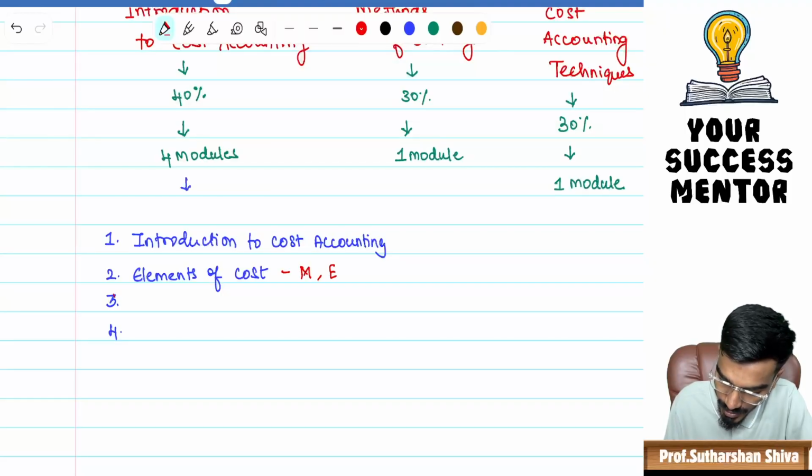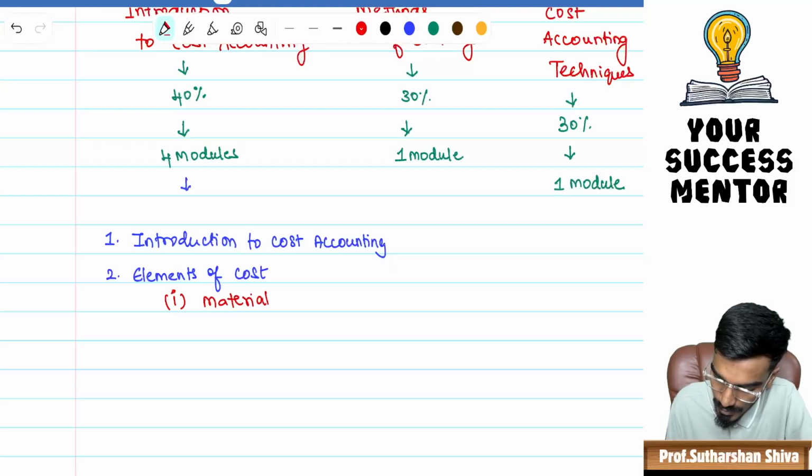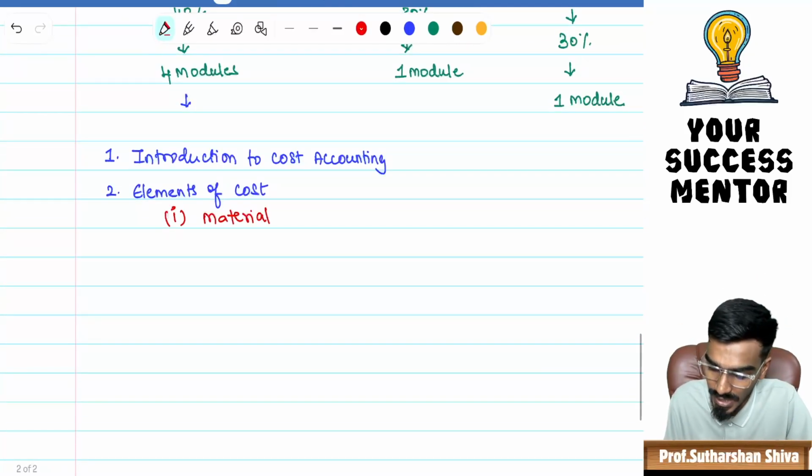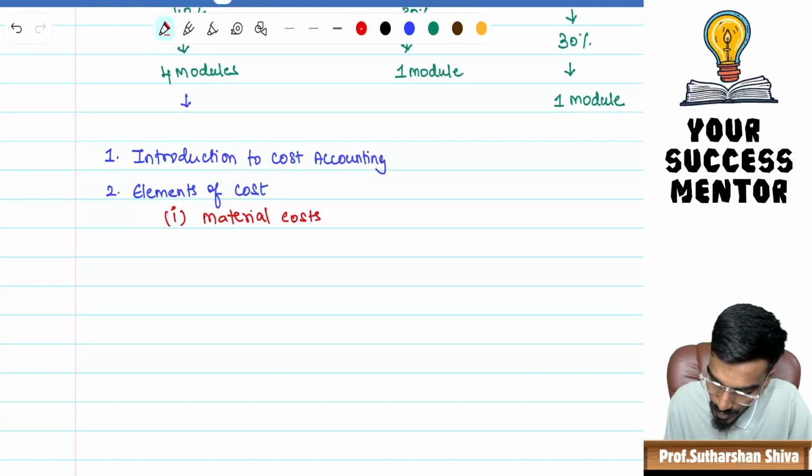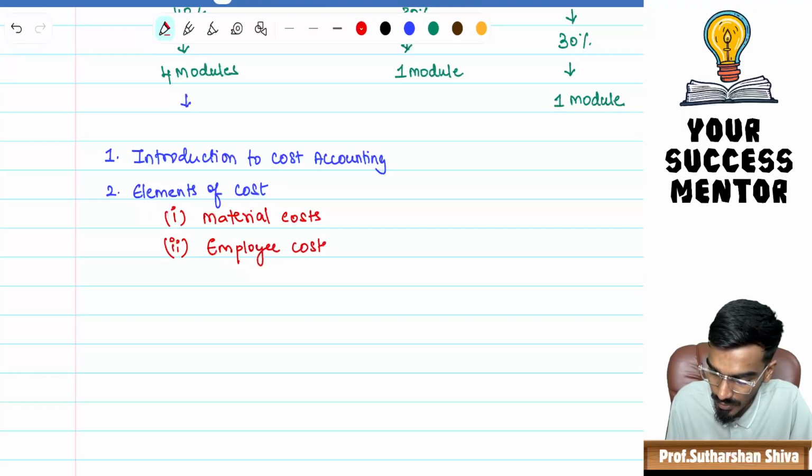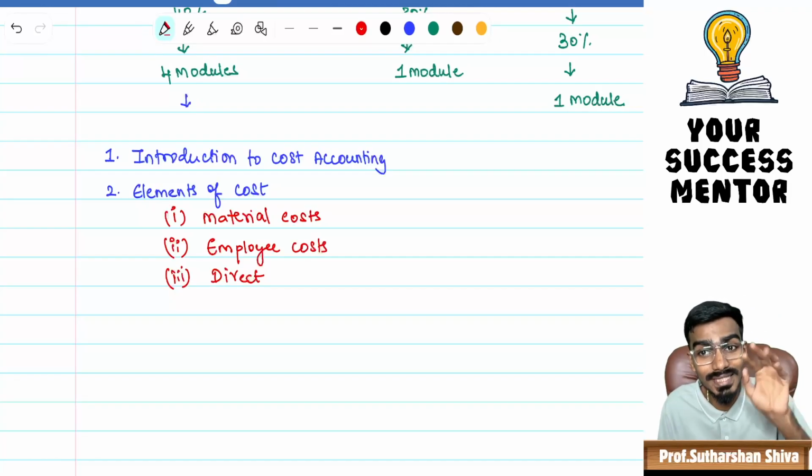Elements of cost has multiple elements: material, employee, and so on, with subdivisions. How to value the material cost, how to compute the material cost, how to compute the employee cost, labor cost, and how to compute direct expenses as per cost accounting standard 10.